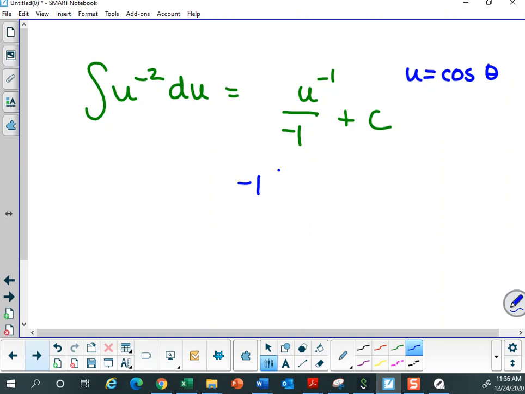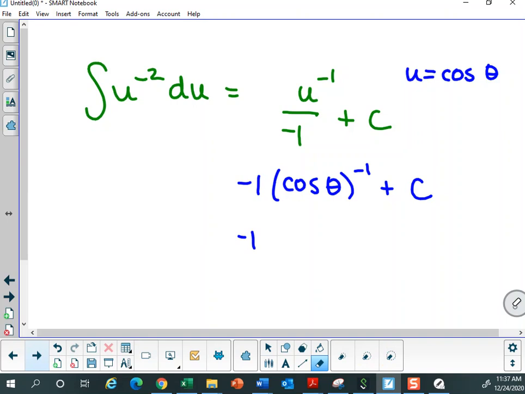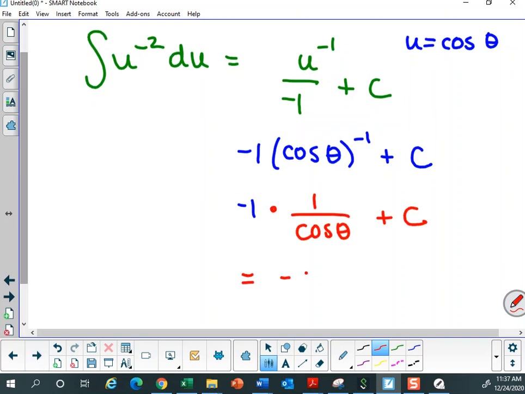However, when I go back to the original function, I'm going to get a trig answer, and that might mean there might be an identity at play, ultimately, to choose the right answer.